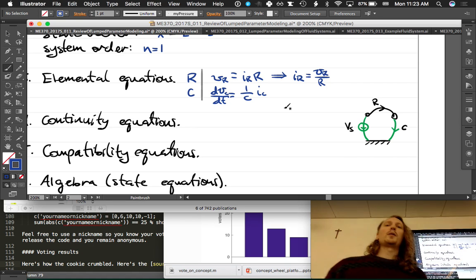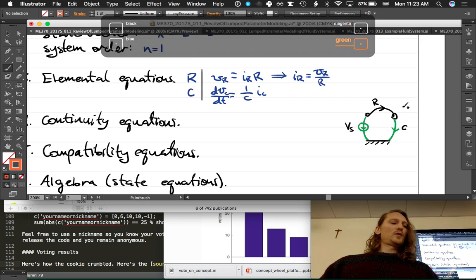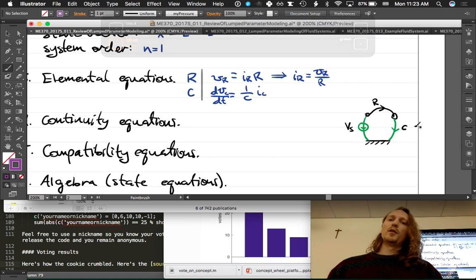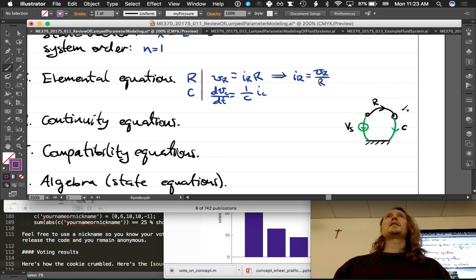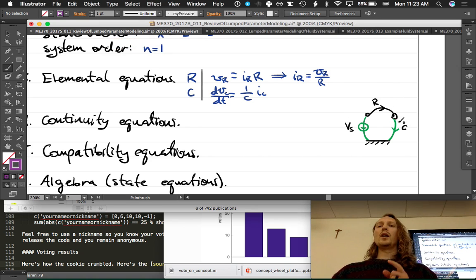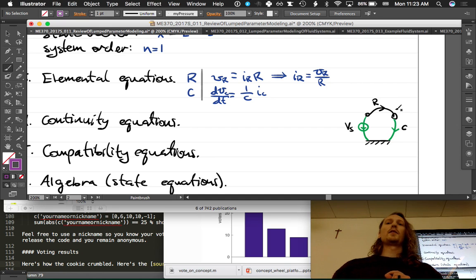So the continuity equations are the ones that you get when you draw a contour and you sum up all of the through variables going into it, right? And I like to use purple for these contours. So remember that we want to intersect with this contour one and only one of the branches of the normal tree that are passive.